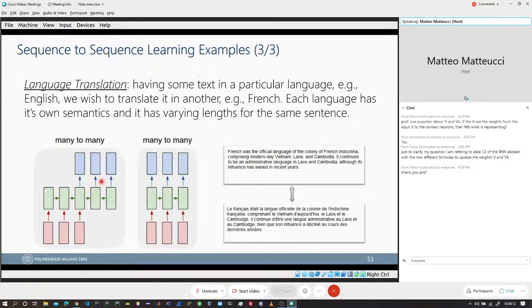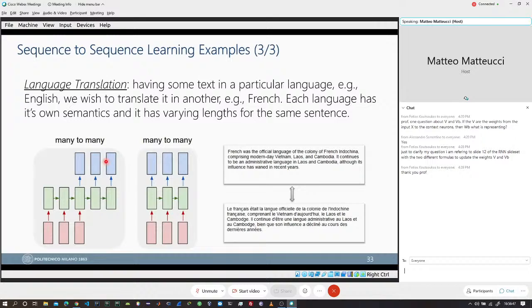Finally, models which are somehow classical as well, which use sequences, are sequence to sequence models. What you try to do is to map an input sequence, like the red one, into another sequence, like the blue one. Let's make some examples. Translation: you have a sentence in Italian and you want to translate it into English.